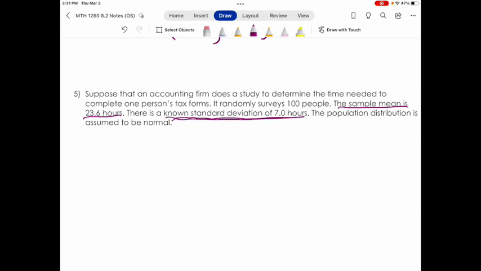It's saying that this is a known standard deviation. So this is our sigma. We have that the sample mean is 23.6. So what that tells me is, because we know what the population standard deviation is, for this one, we can actually use the normal distribution, we can use our z-interval.